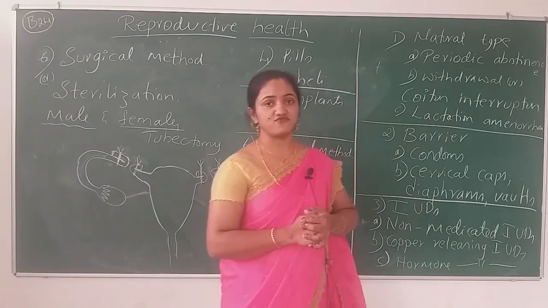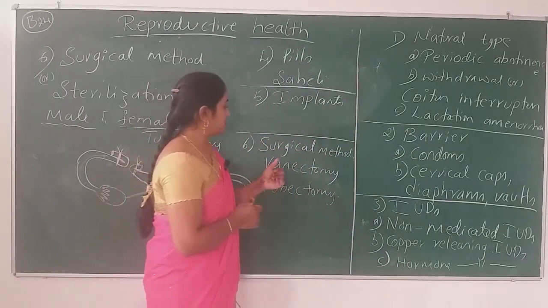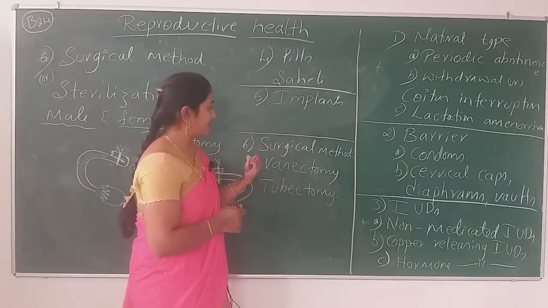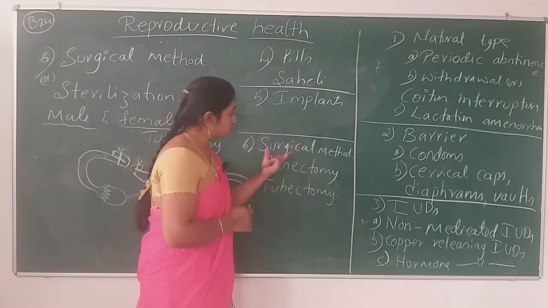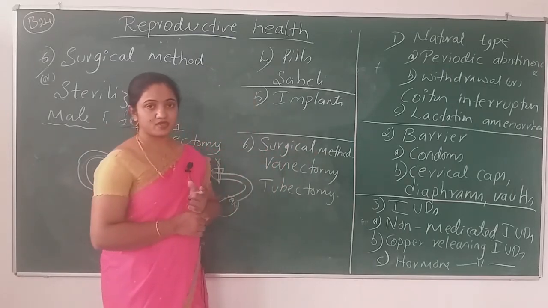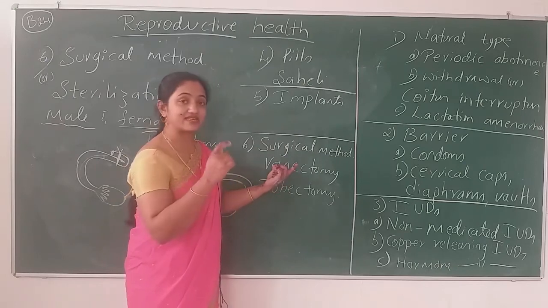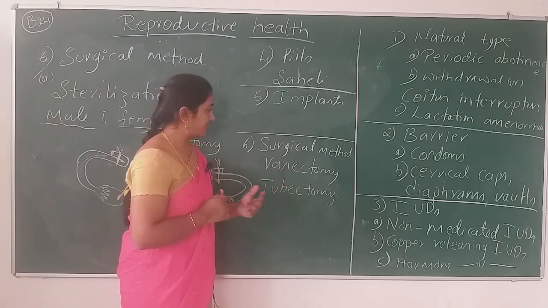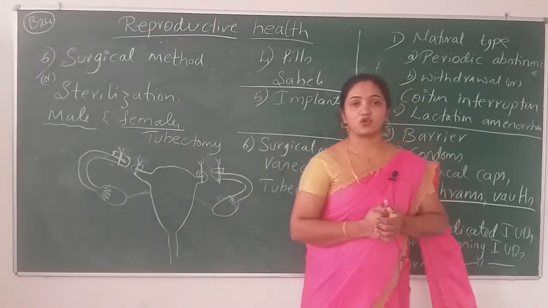Don't leave any of the contraceptives. One more thing I should tell you: once in previous years they asked, mention 2 surgical methods. You only have to mention them, that is, vasectomy and tubectomy. Alright, so refer to all these.